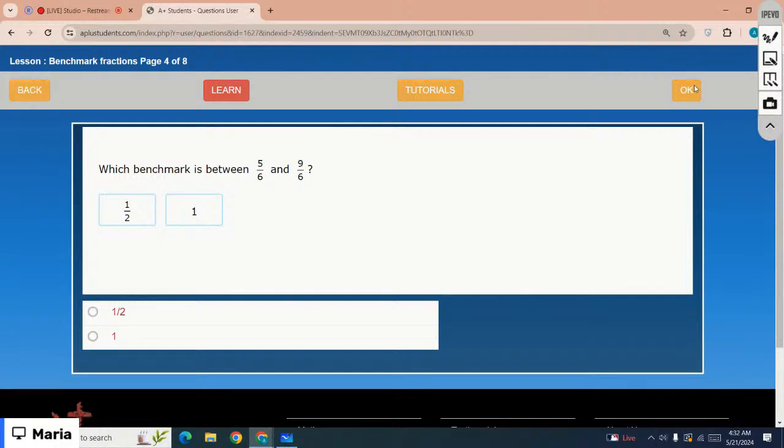Which benchmark is between 5 by 6 and 9 by 6? So which is the correct option?